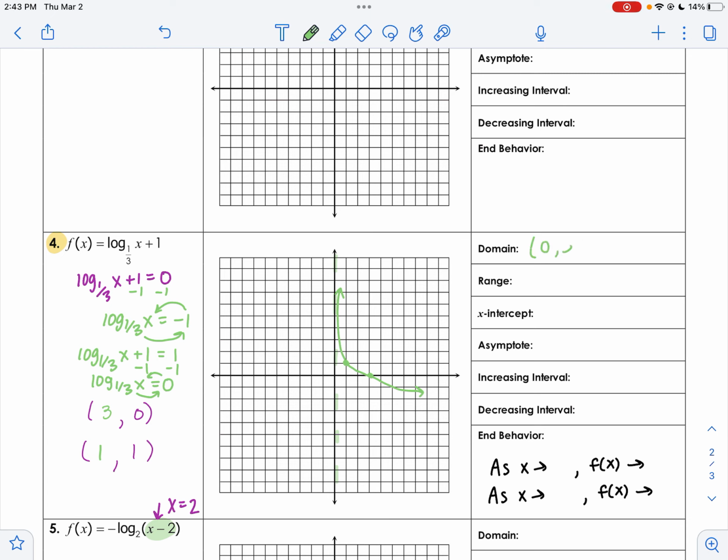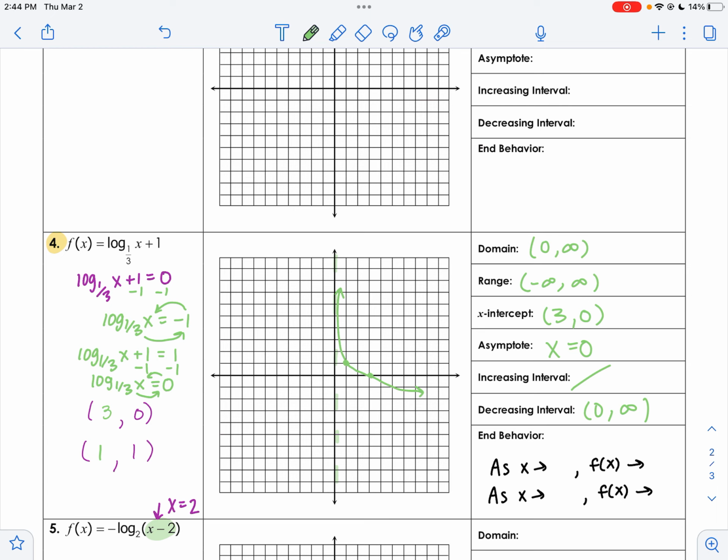And then in this case, a lot of our pieces really end up staying the same, right? My x-intercept now changed. That one is 3, 0. Still have an asymptote at 0. Now I'm not increasing. I happen to be decreasing, and I almost screwed that up, but we're decreasing still on 0 to infinity, right?